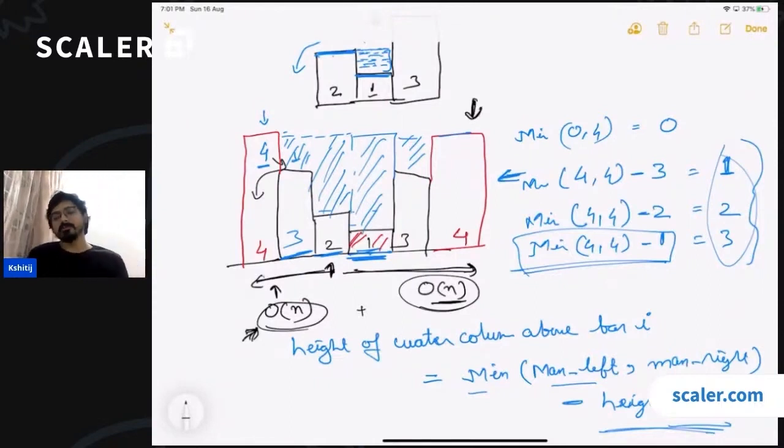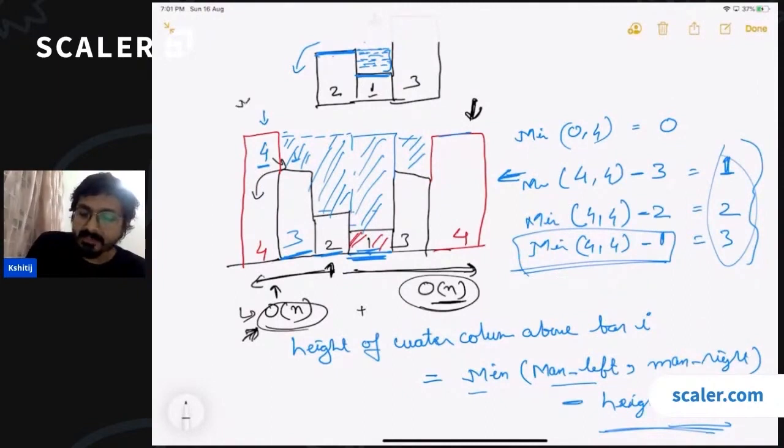Let's talk about the last bar. If I'm talking about the last bar, then we are calculating the left max for the last bar. How do we actually calculate the maximum, the order n operation of finding the maximum? We will be declaring a max, and we'll keep updating it after visiting each and every bar.